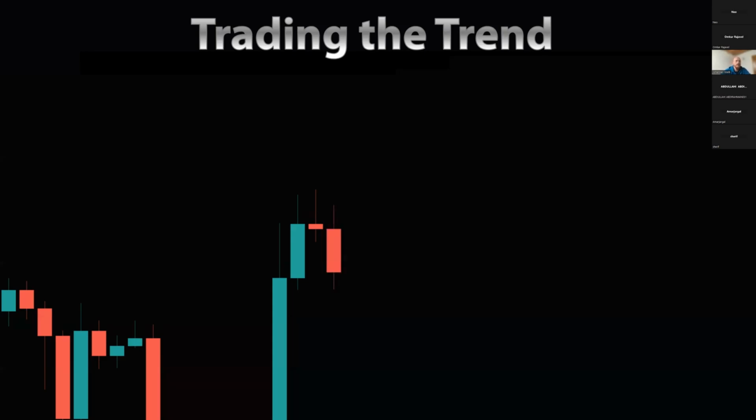I'm still waiting. This is a support, but the range to the upside is very small. So in this situation, I would wait for a stronger retracement or a candle to close above this resistance. It's very tricky at this point. Yes, very tricky.